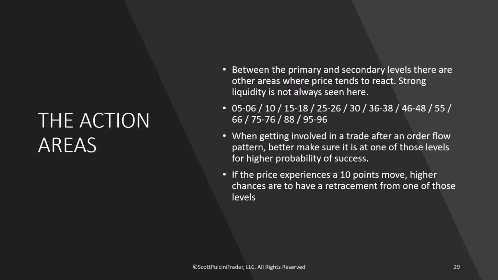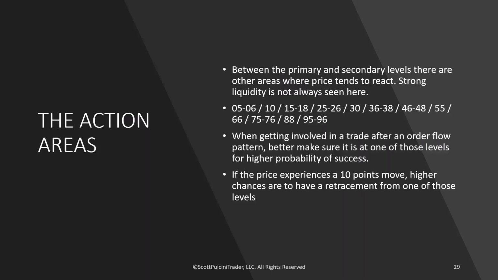You don't really have to see strong levels of liquidity. Sometimes the price will get there, you don't see any liquidity or very little, but the price will likely react around those areas. And that's where we are going to look for our exhaustion or absorption patterns and enter our trades.